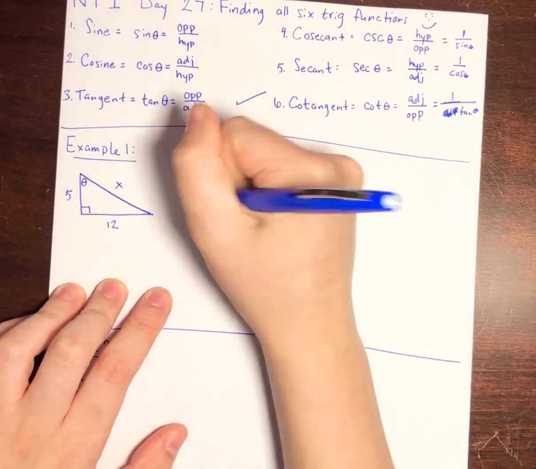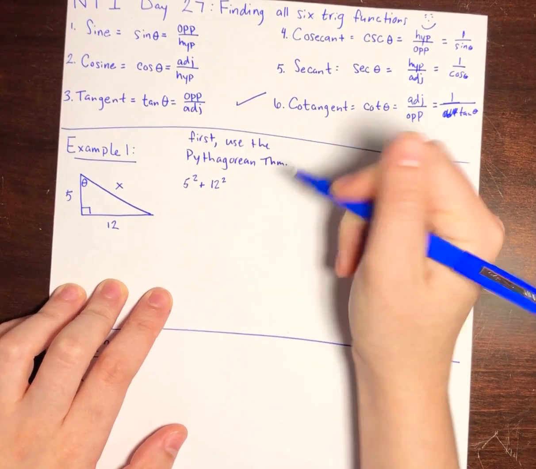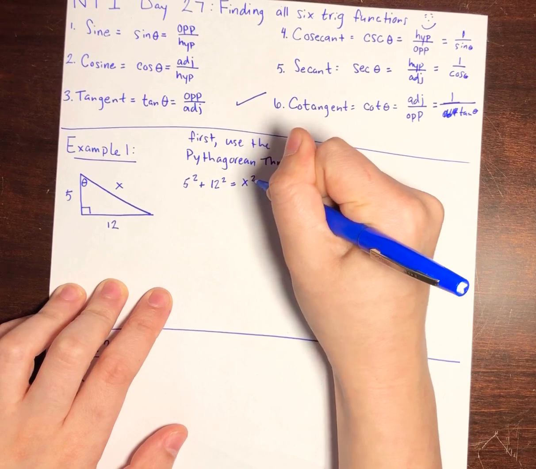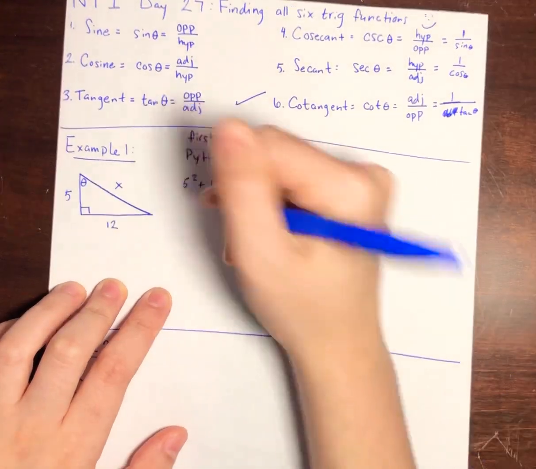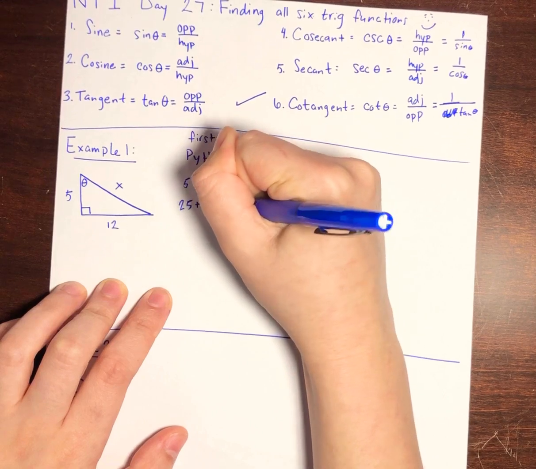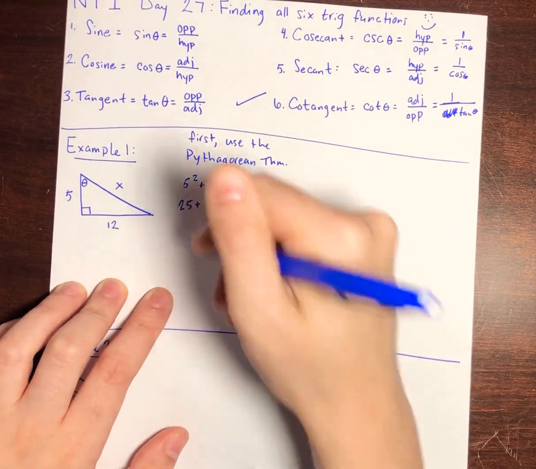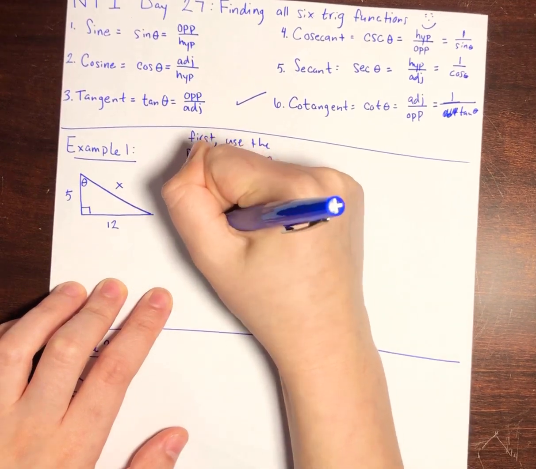So we've got 5 squared plus 12 squared equals x squared. And then 5 squared is 25 plus 12 squared is 144 equals x squared. I'll combine those together, get 169.